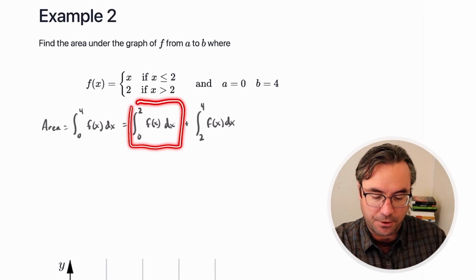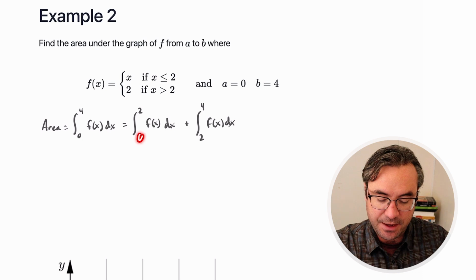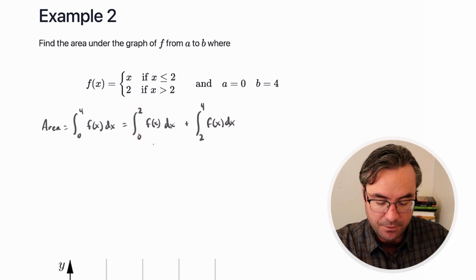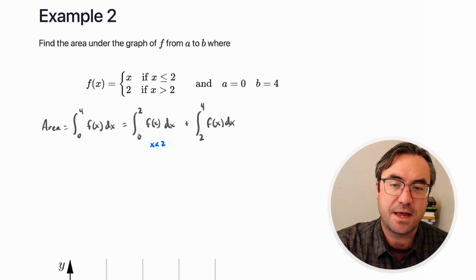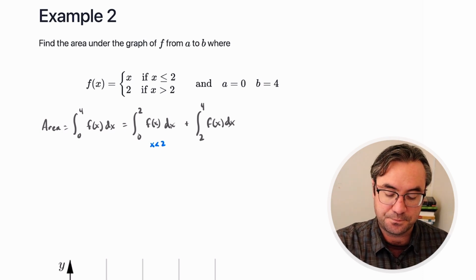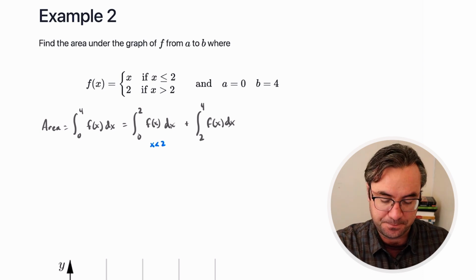Okay, so for this first integral, we're looking at the x values that are between 0 and 2. So here we're dealing with x values that are less than 2. Which piece of our piecewise function do we need to use?